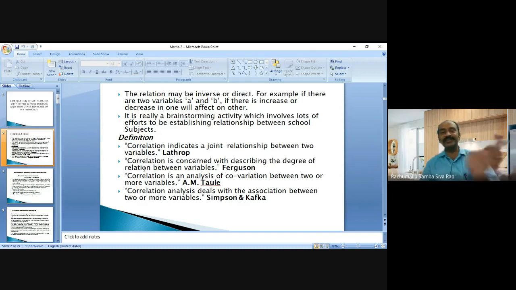If we apply this definition to the teaching and learning of subjects, correlation means a reciprocal relationship between two subjects. That is the correlation.